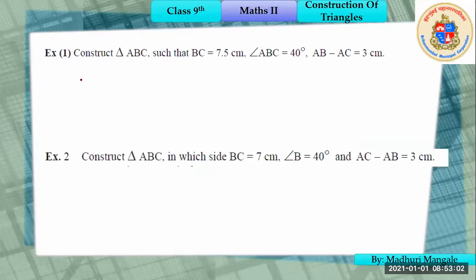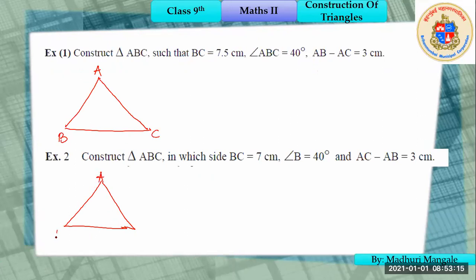If you look at these two questions, you will clearly understand the two different types in difference problems. If I label it as ABC, this is also ABC. Both the questions are almost similar.